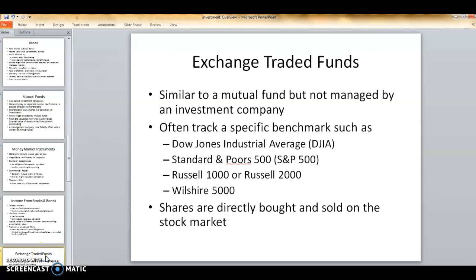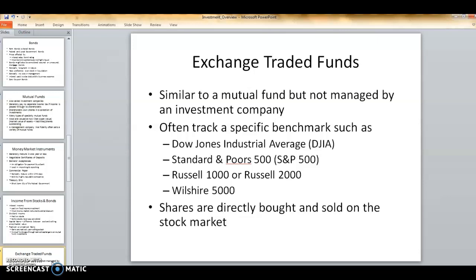Exchange traded funds are similar to a mutual fund, but they're not managed by an investment company. They often track a specific benchmark, such as the Dow Jones Industrial Average, the Standard & Poor's 500, the Russell 1000, the Russell 2000, or the Wilshire 5000. Now note that the Dow Jones Industrial Average is a very small average.